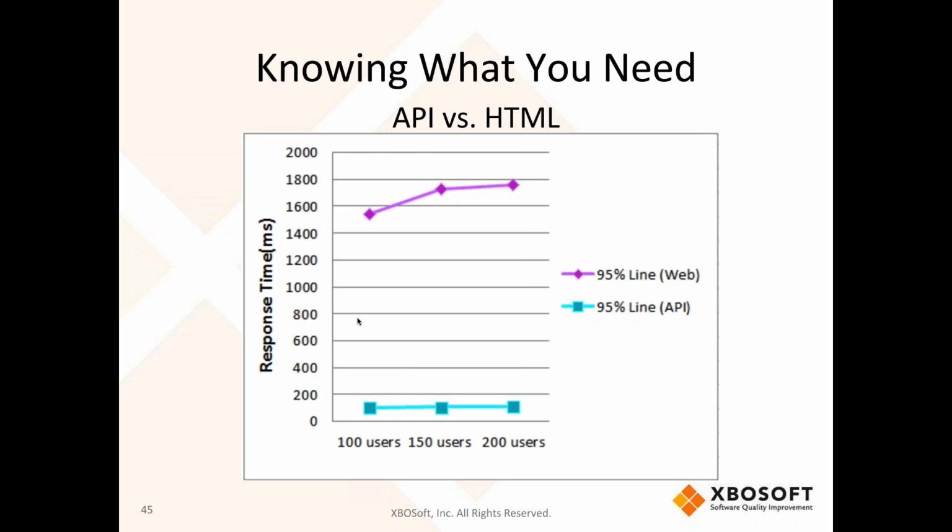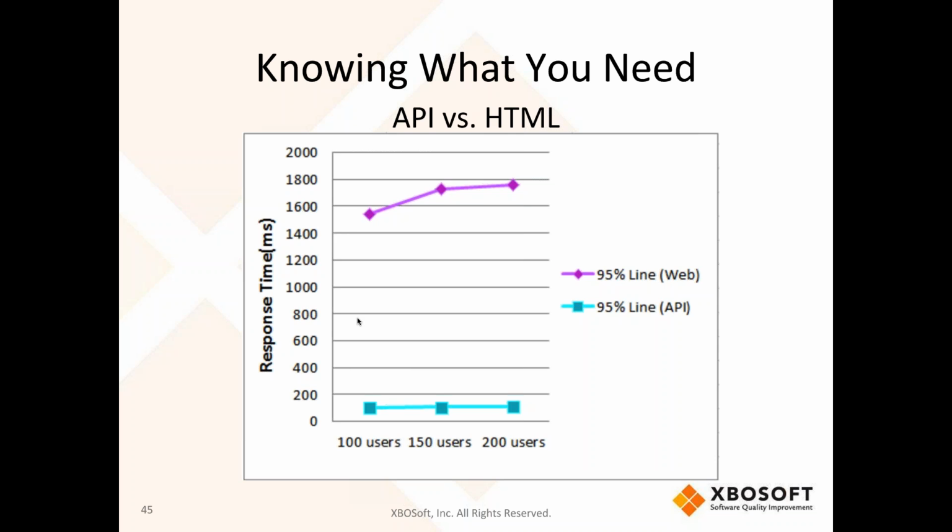But other things to keep in mind is the type of calls that you're putting in. For instance, we had one customer that was asking us to test their website utilizing APIs, and that's fine. And we could drive it fast.